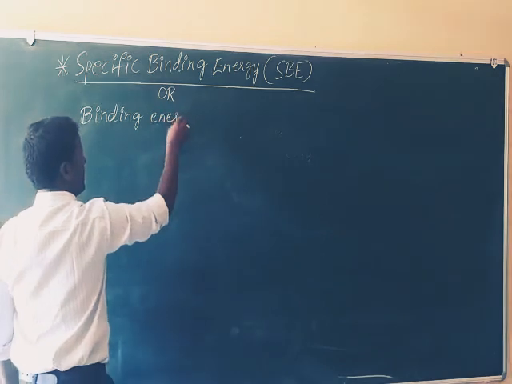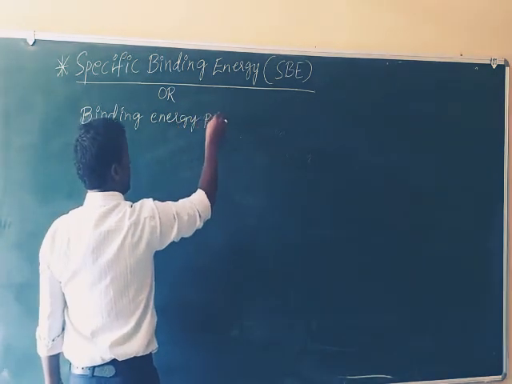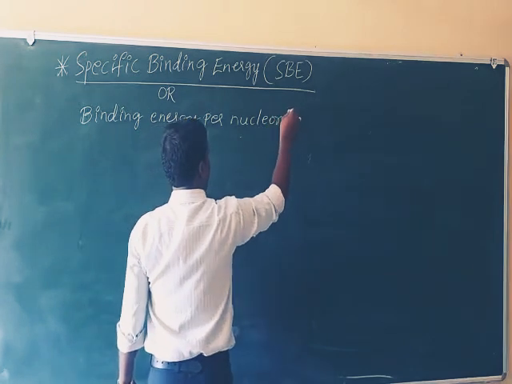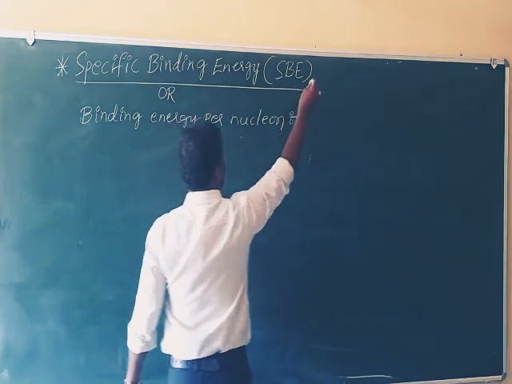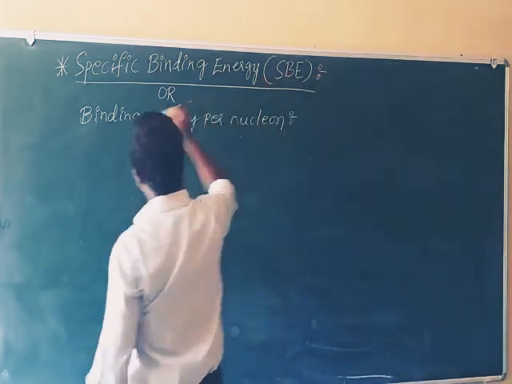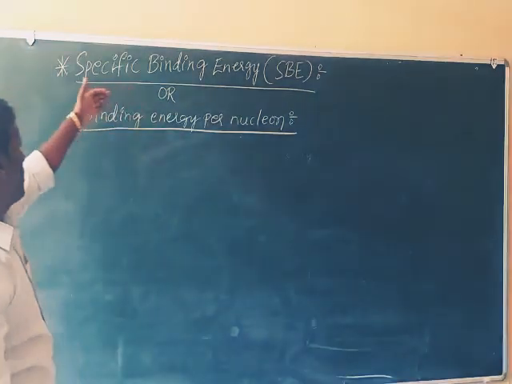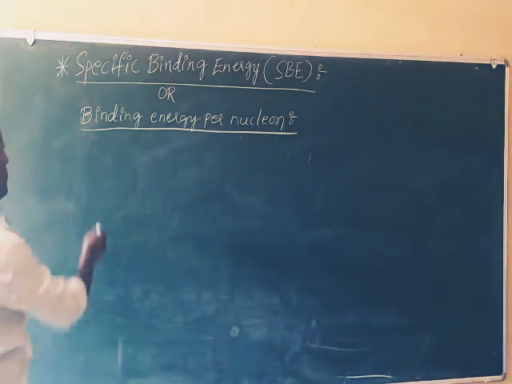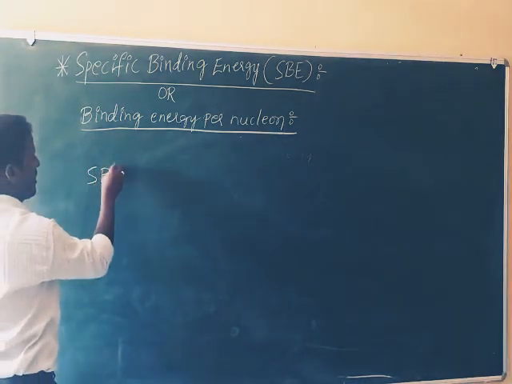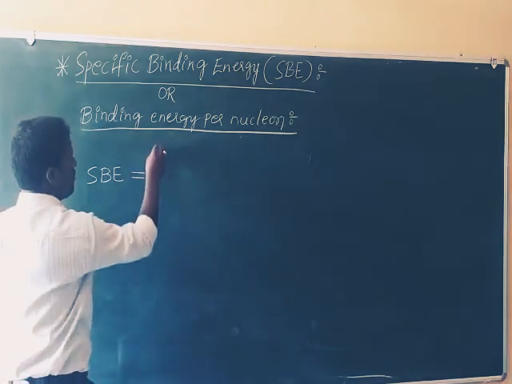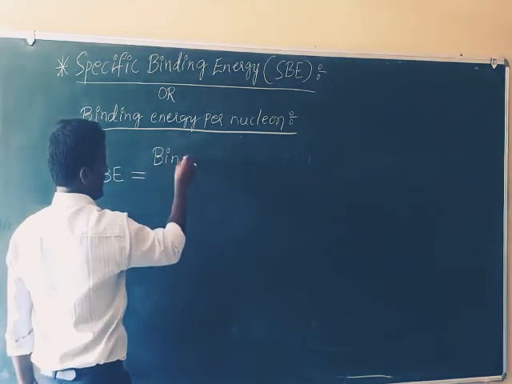Now you are learning about specific binding energy, SBE, or binding energy per nucleon. This is equal to binding energy divided by mass number.